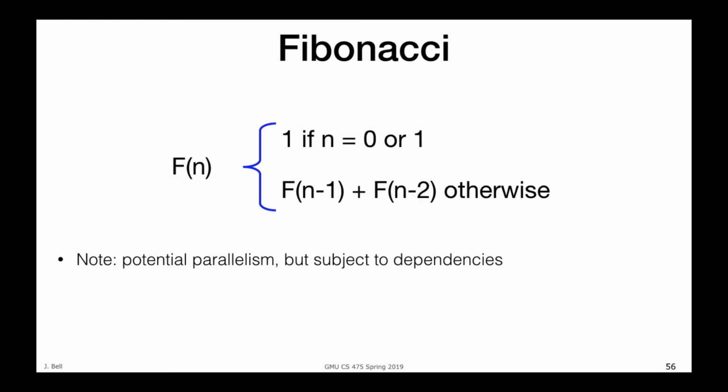So if we want to make this parallel, we're going to have to manage it somehow so that dependencies between Fibonacci number of n and n minus 1 get managed so that we can still do things in parallel, but we can't compute some number until we compute the number of its children.